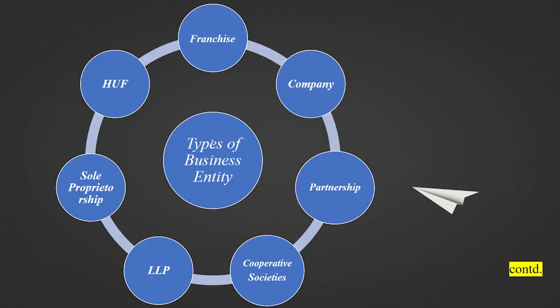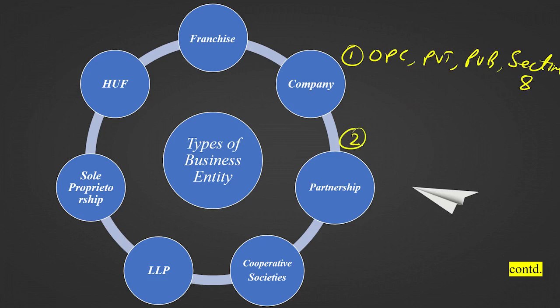So types of business, you have many. The first one, most common, the company. In company we have one person company, private company, public company, section 8 company, correct?